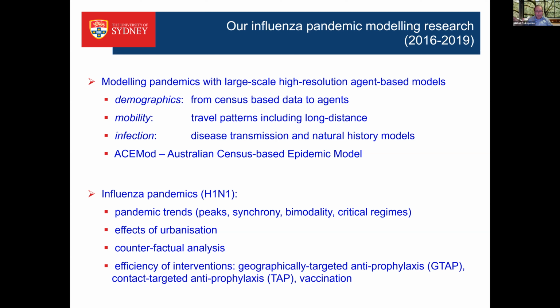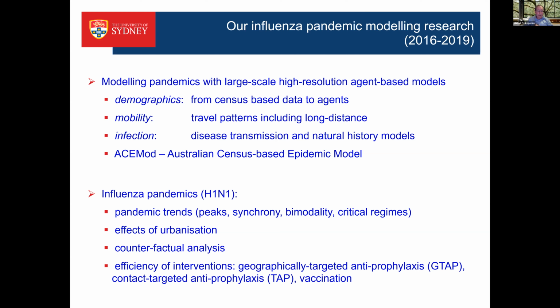And the devil is in the detail, right? So when we did pandemic influenza modeling, we focused on H1N1 specifically in terms of this epidemiological layer. Obviously, demographics and mobility do not depend on the biology of the virus, but the natural history of the disease does.